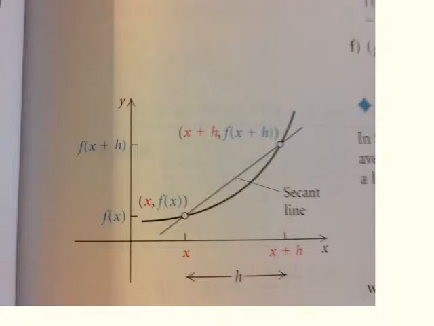Back in section 1.3 we looked at rate of change. We looked at the rate of change from, say, this point to this point, which was basically the slope of this line. Notice we've got a graph here of an arc, and then we have a line that goes through a point here and then a point here, and that line is called a secant line.